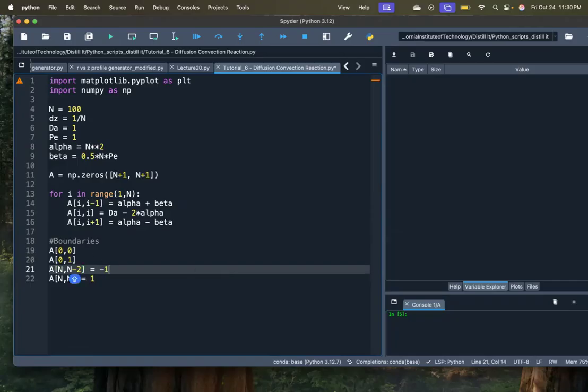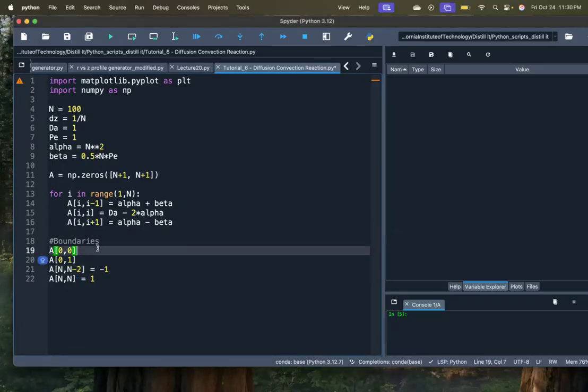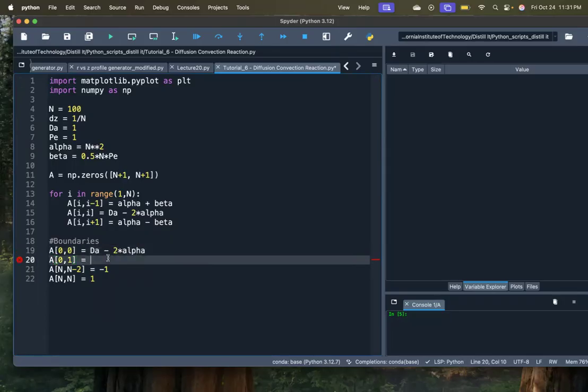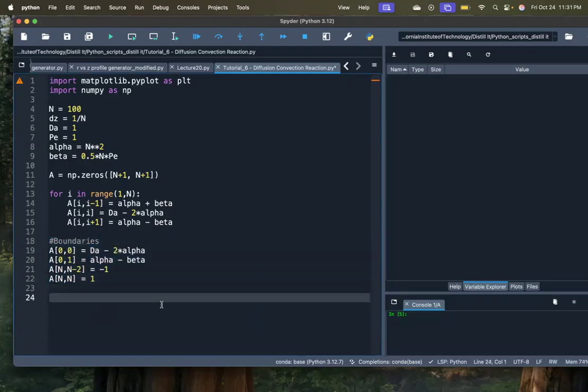And this is once again the leftmost thing, so that's the Damkohler number minus 2 times alpha. And this is the right thing, so that's alpha minus beta. Now this completes the A matrix.